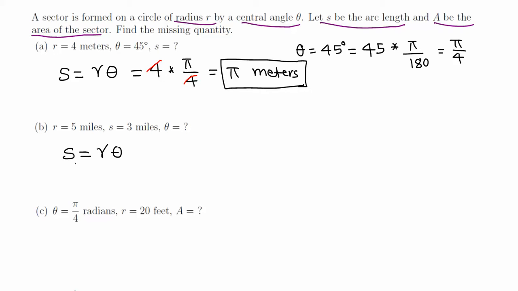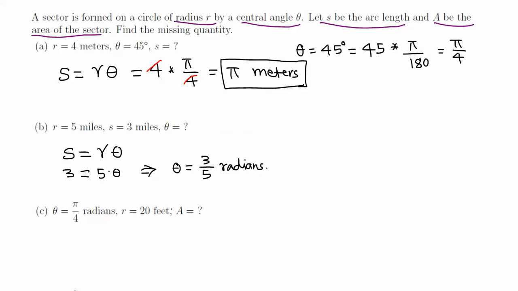So S is 3 miles, so 3 equals r, which is 5 miles, times theta. Now we need to isolate theta, so we divide both sides by 5. Then theta is isolated on the right hand side, and it is 3 over 5. You don't have to put it in decimals. That is 3 over 5 radians.